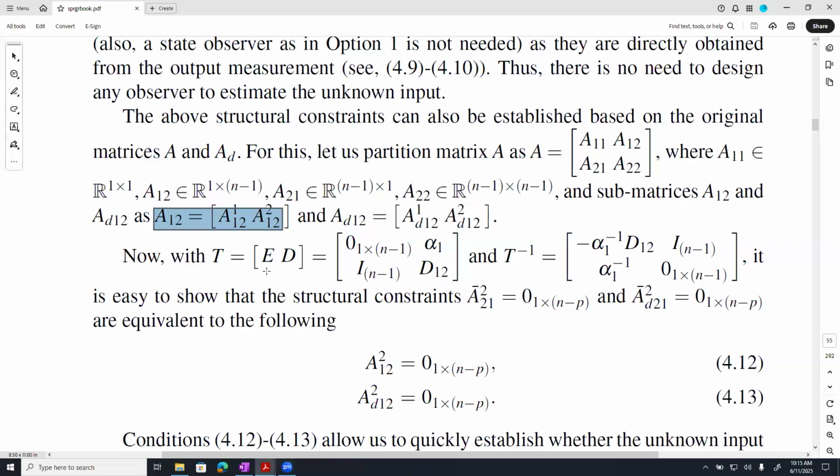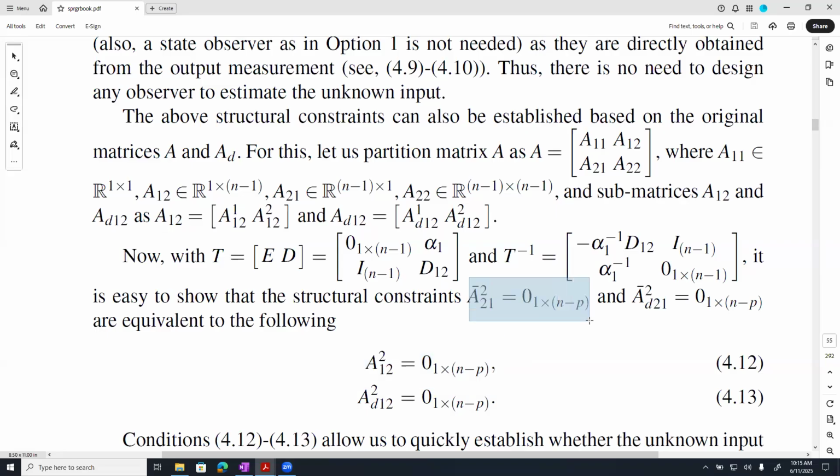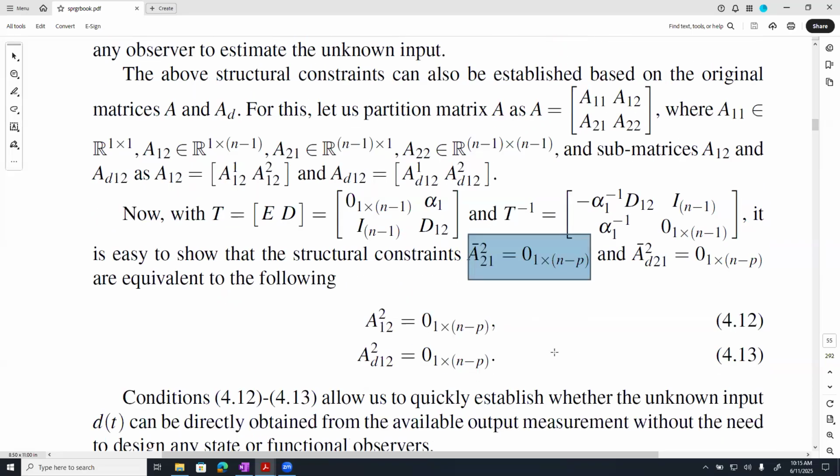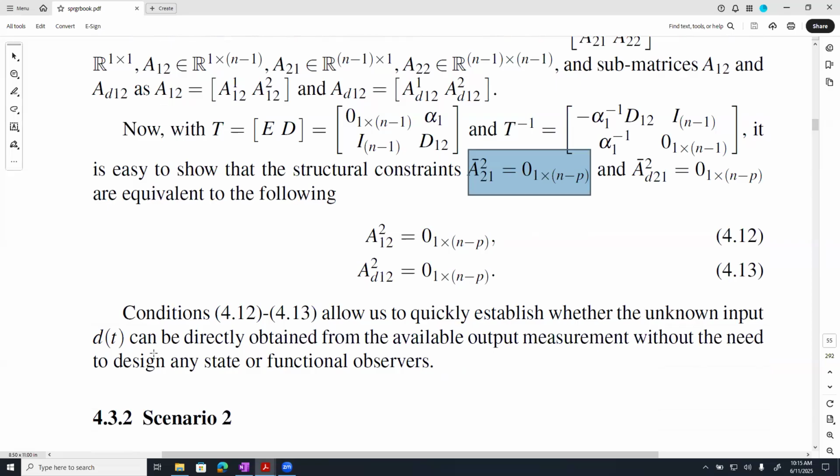And then all we do is simply look at that submatrix. If that is equal to 0, that is equivalent to that one. So that is another way to quickly establish whether we need an unknown input observer, or whether it can be obtained directly from the output measurement without the need for any stack of functional observers.